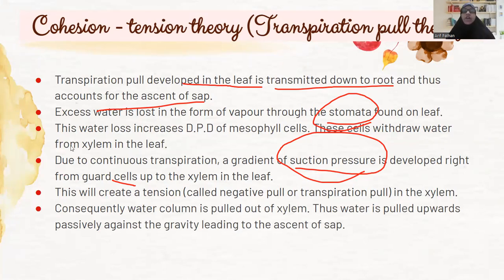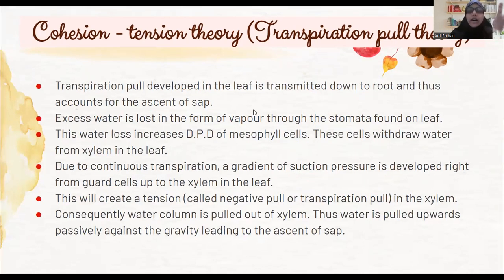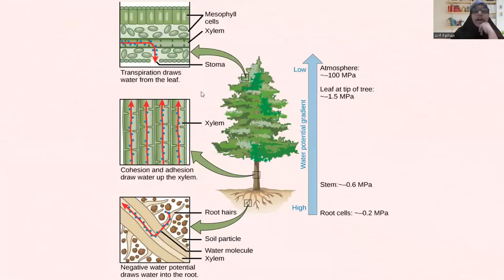So this theory covers mostly the loopholes that were there in the capillarity theory and the root pressure theory. This is one of the most widely accepted theories. Two names are there: cohesion tension theory or transpiration pull theory. So this is how the representation looks.